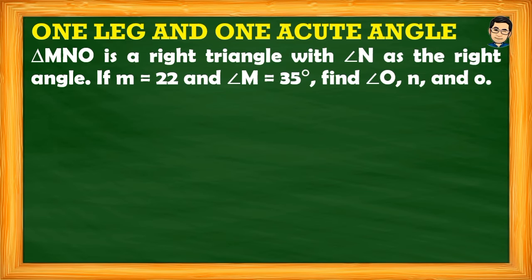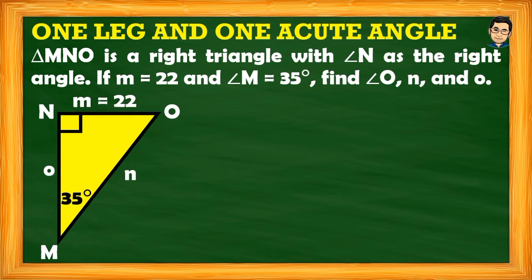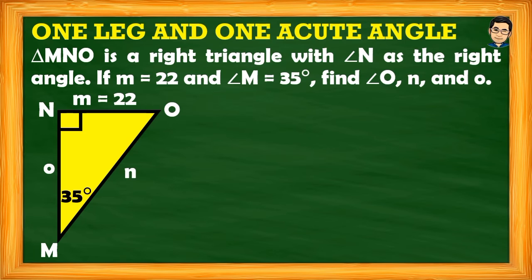If M is equal to 22 and angle M is equal to 35 degrees, find angle O, N, and O. Okay, so ito po yung ating illustration. So, ang hinahanap natin dito, angle O, tsaka yung dalawang sides. Isa doon yung hypotenuse, tsaka yung isang leg. So, yung O, yun ang nagsisilbing longer leg.